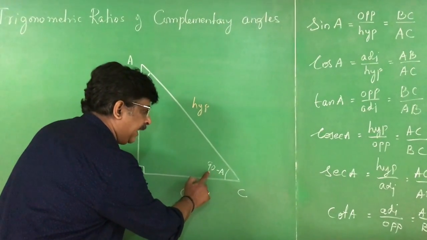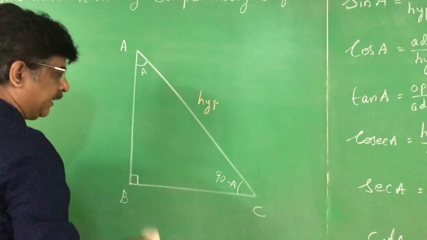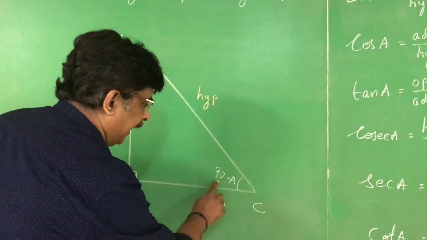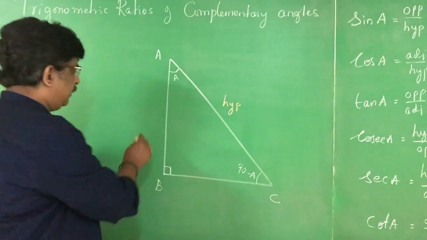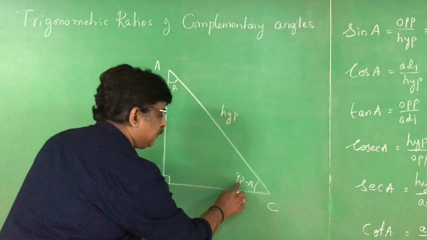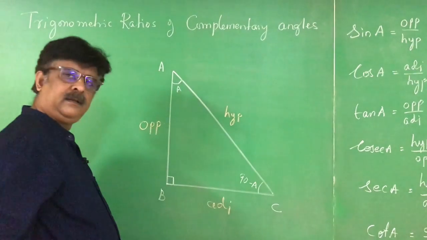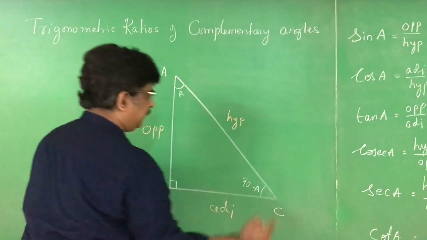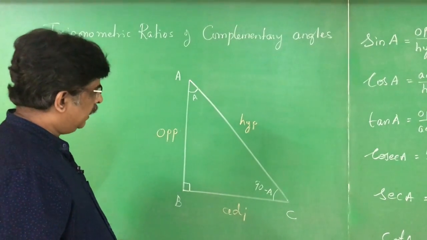What is this angle? 90 minus A. Now I remove this. With respect to 90 minus A, which is opposite? AB is opposite. With respect to 90 minus A, BC is adjacent. And as usual, AC should be the hypotenuse because angle B is 90 degrees.